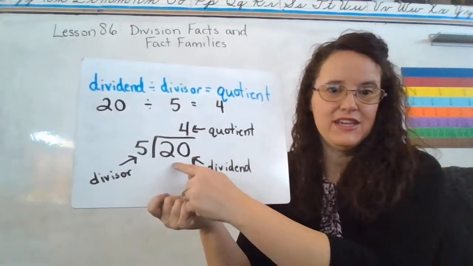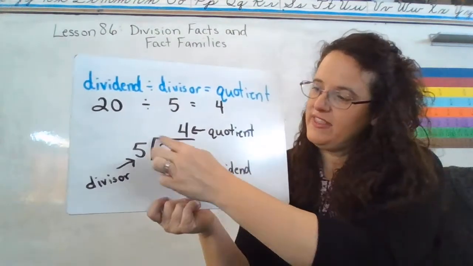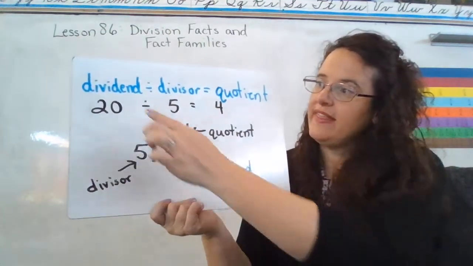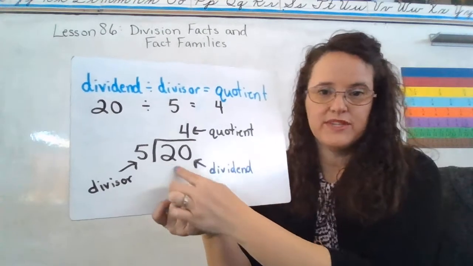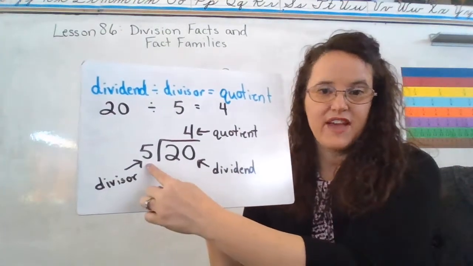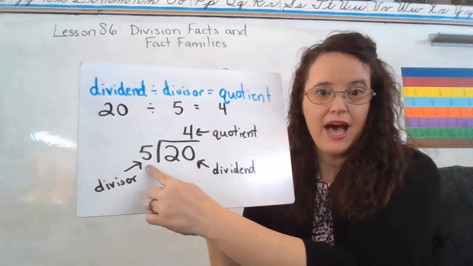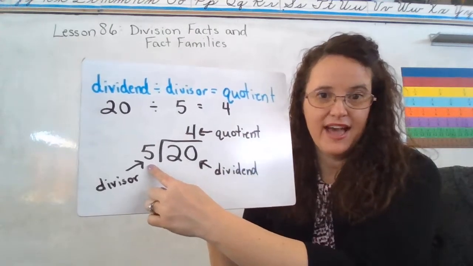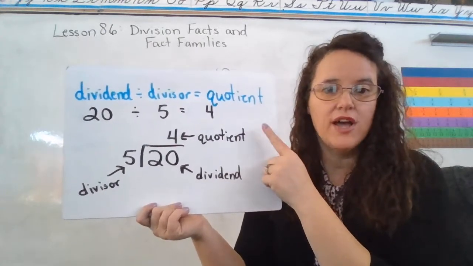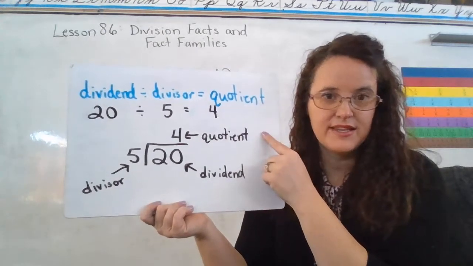We write it here, and I call this the house. So the dividend, the number that we start with, goes inside the house. The divisor, the number we're dividing by, goes outside the house. And the quotient or the answer goes on top of the house.